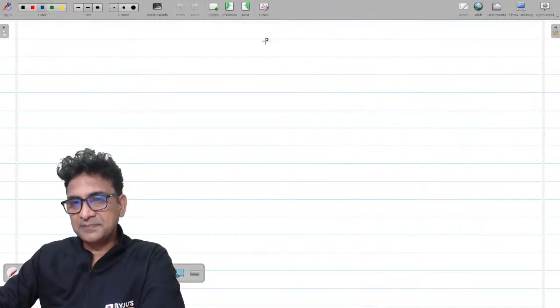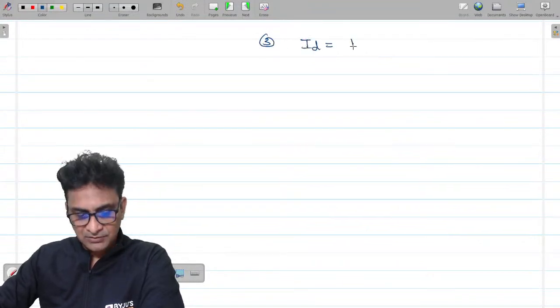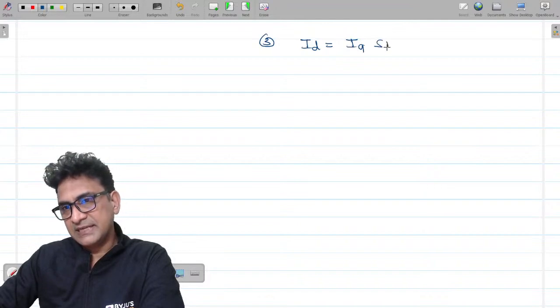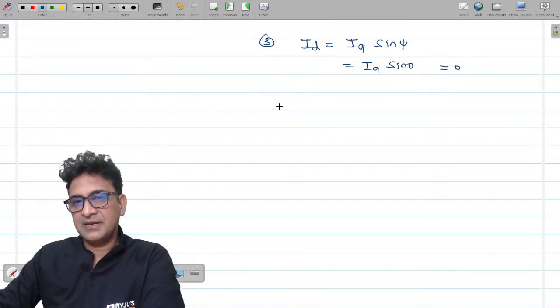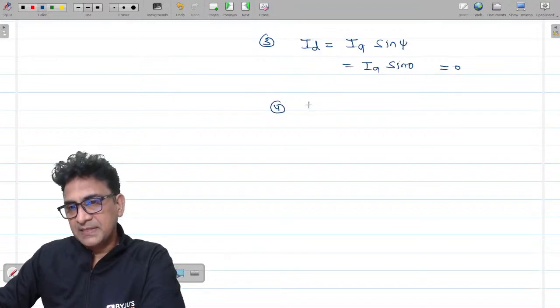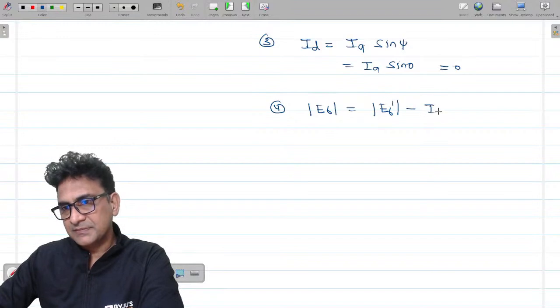Now the third step, find out the current along the direct axis. It is Ia sin psi. Since psi is 0, whatever the value of Ia, ID would always be 0. And finally, the magnitude of EF is nothing but the magnitude of EF dash minus, in case of a motor use ID negative, (XD minus XQ).